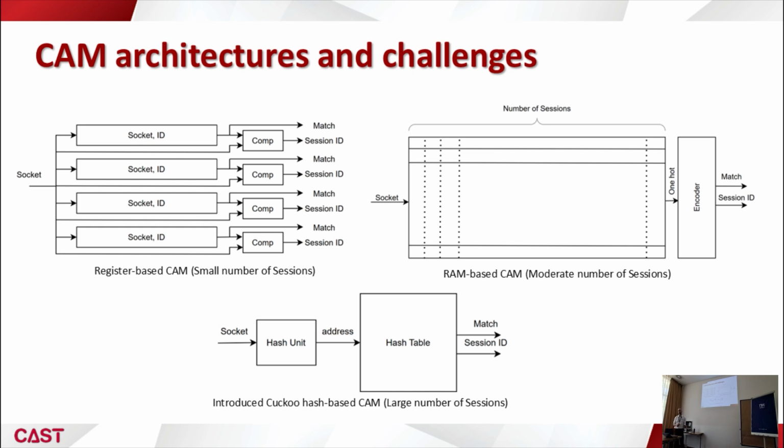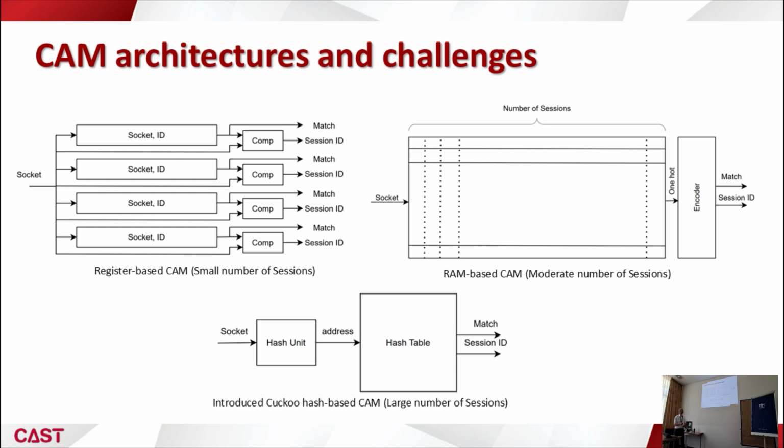So the challenge we deal with here is that conventional CAM designs with a few thousand stored key-value pairs are memory demanding. Typically, for a small number of sessions, a CAM that uses only registers is employed, and this architecture can only be extended up to 8 to 16 key-value pairs or session IDs.